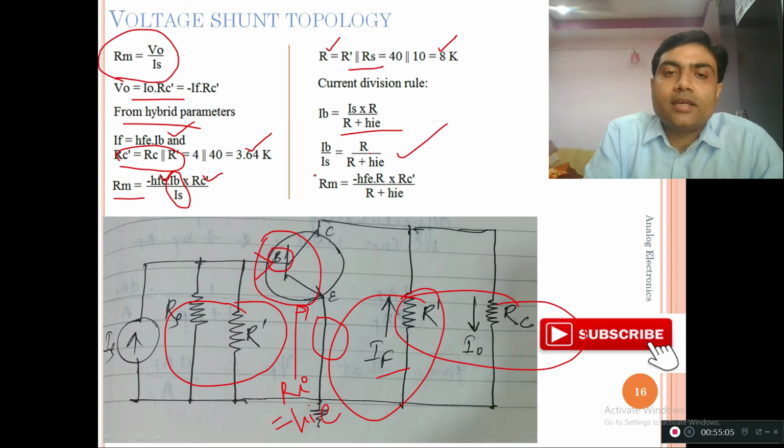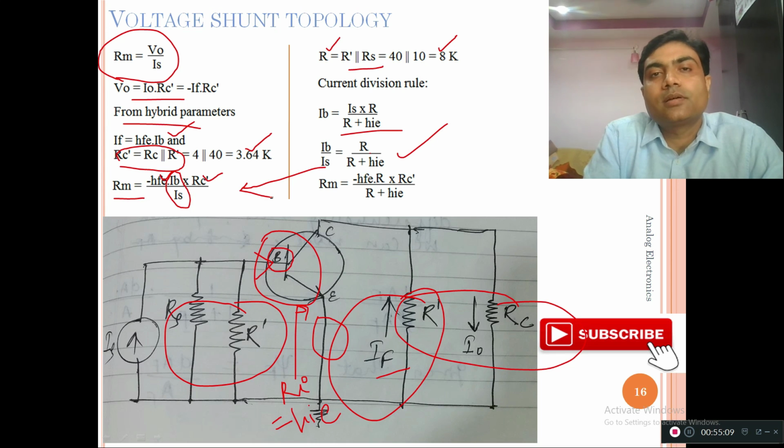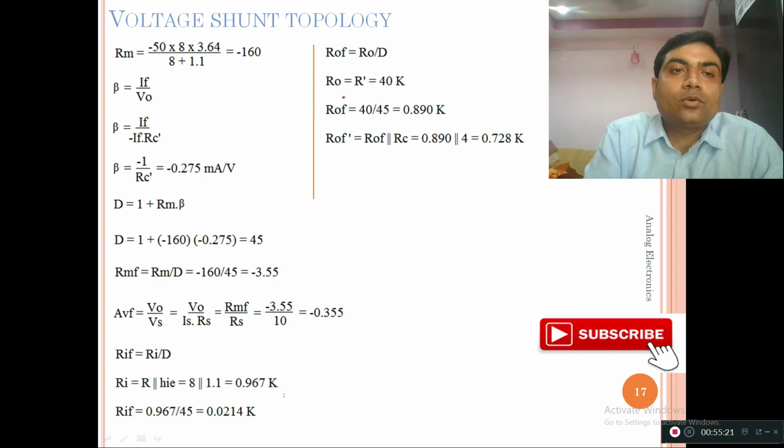I have replaced IB upon IS in this particular equation, and this comes out as the value of RM. So now I know the values of HFE, RC dash, R and HIE, and by this knowledge we can calculate the value of RM.